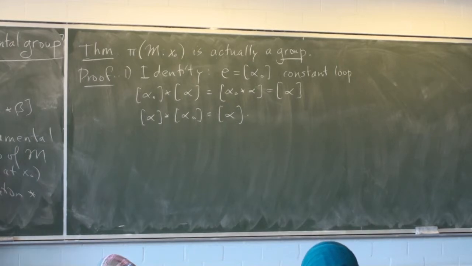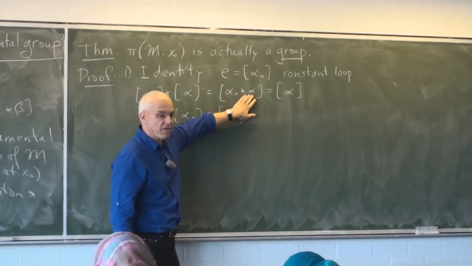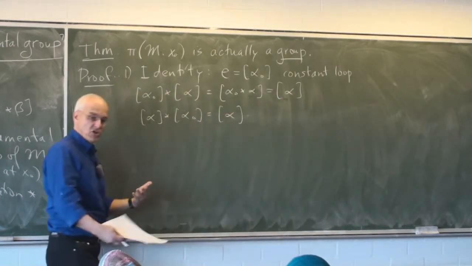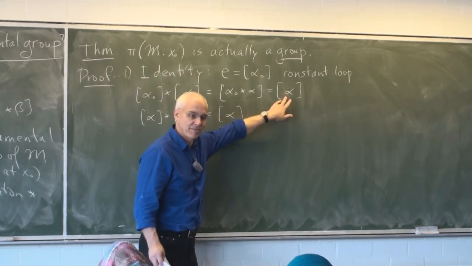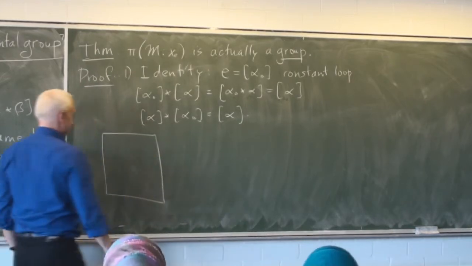So how do we check that? Well, what it's really saying is that the loop alpha 0 times alpha is homotopic to alpha itself. So we have to find a homotopy between this path and this path. And a homotopy is represented by a square.